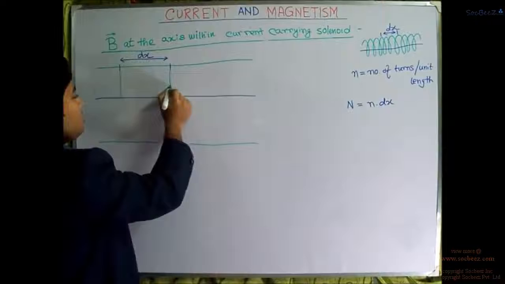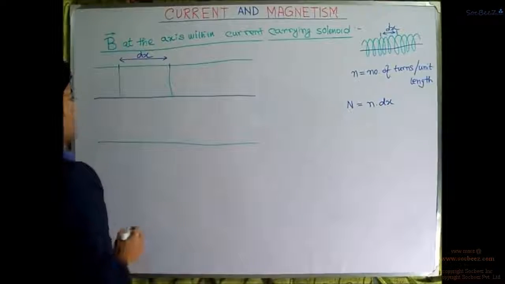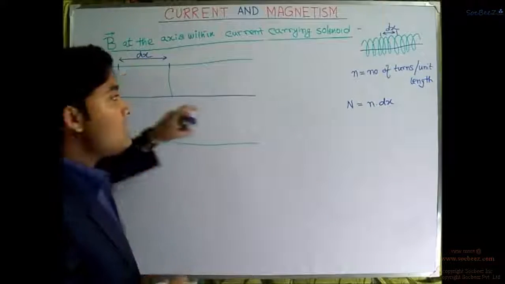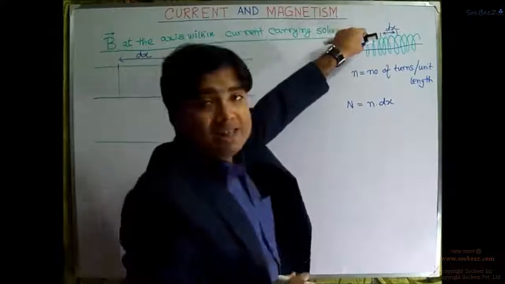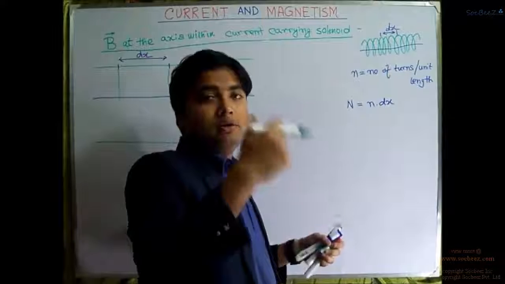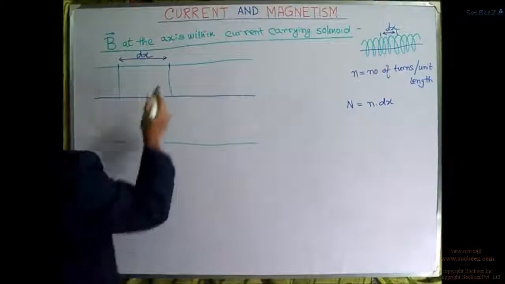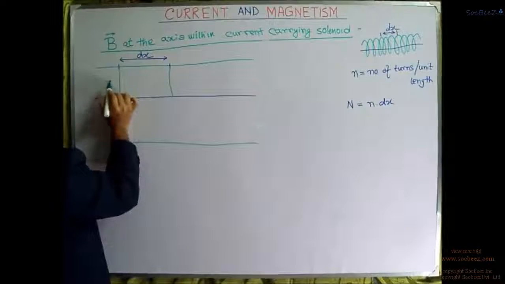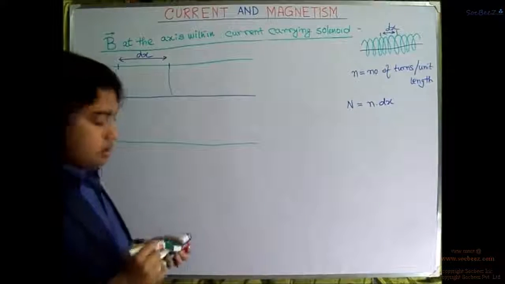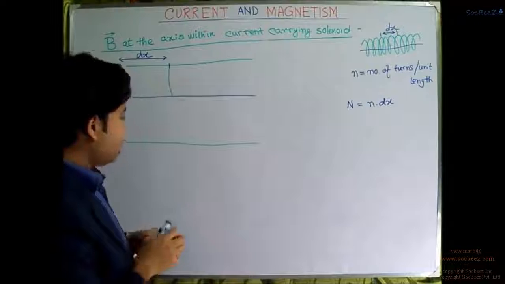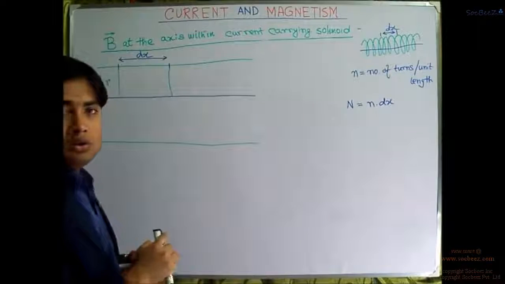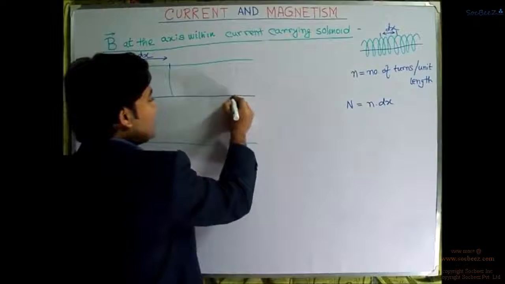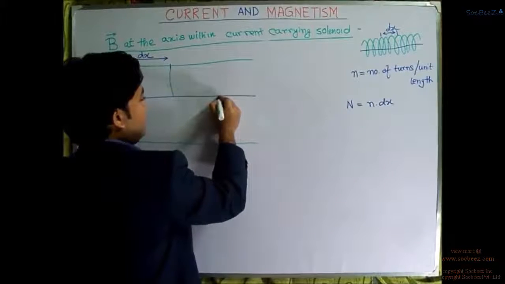Now, if we draw these lines, this line will show the radius of each coil. So let the radius of each coil be represented by R. And we wish to find the B at this particular point.